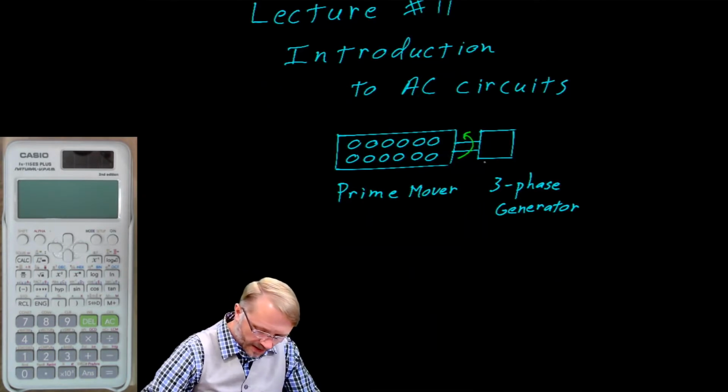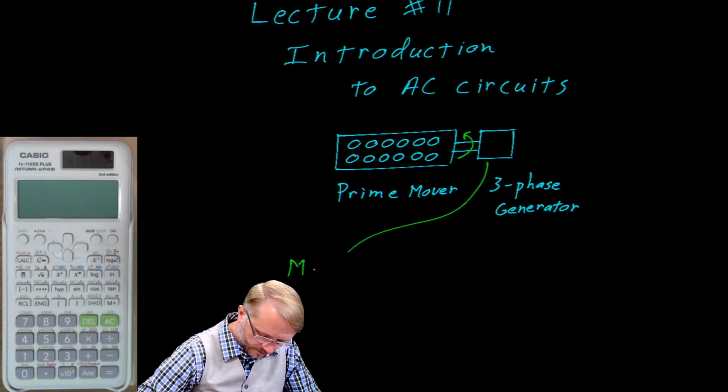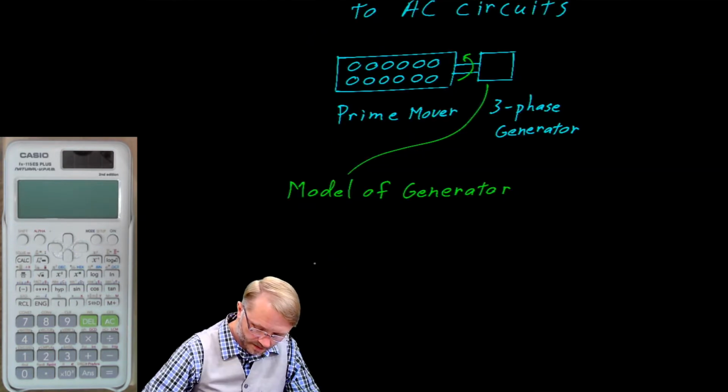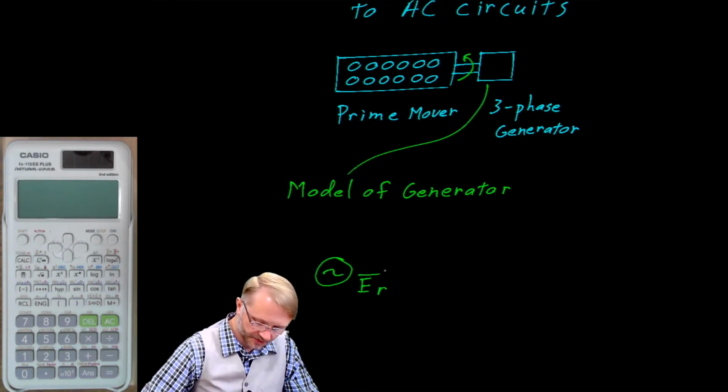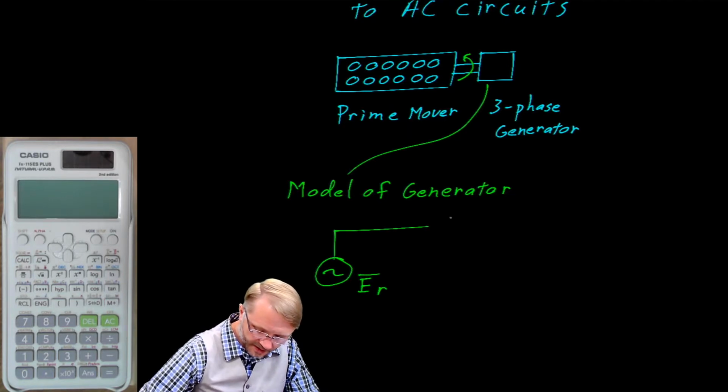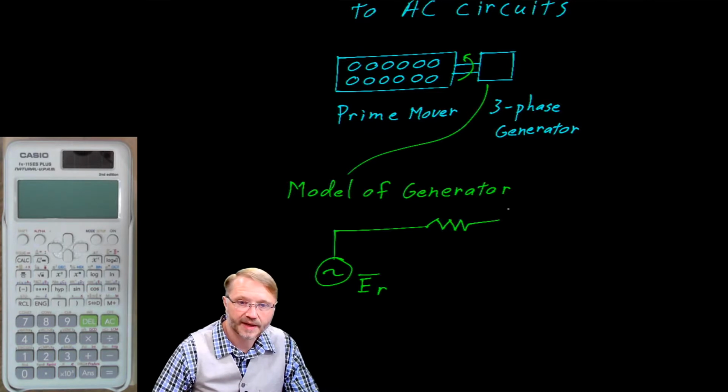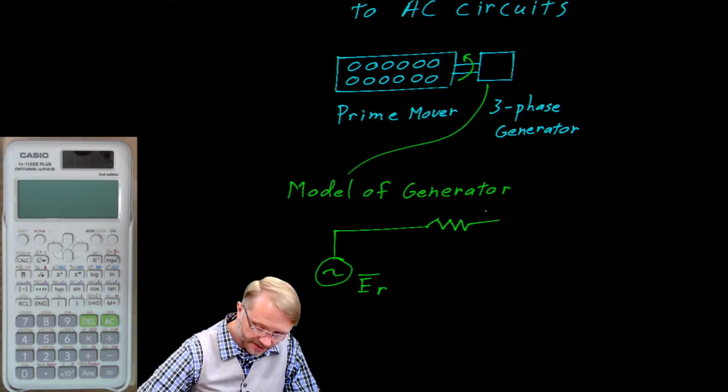If we were to model this generator, our model starts with an AC generator. We call this the internally generated voltage. It includes resistance. You could think of that as the resistance of the wires in the generator.